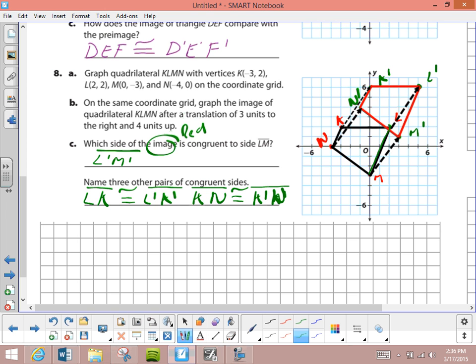And the last one? There we go. And that's all you needed to do. Yes, it's just prime. The prime, that's why I said it's important to say prime, because when you say prime, I know you're talking about the image, not the pre-image. It makes a huge difference. All right, let's see what's next.